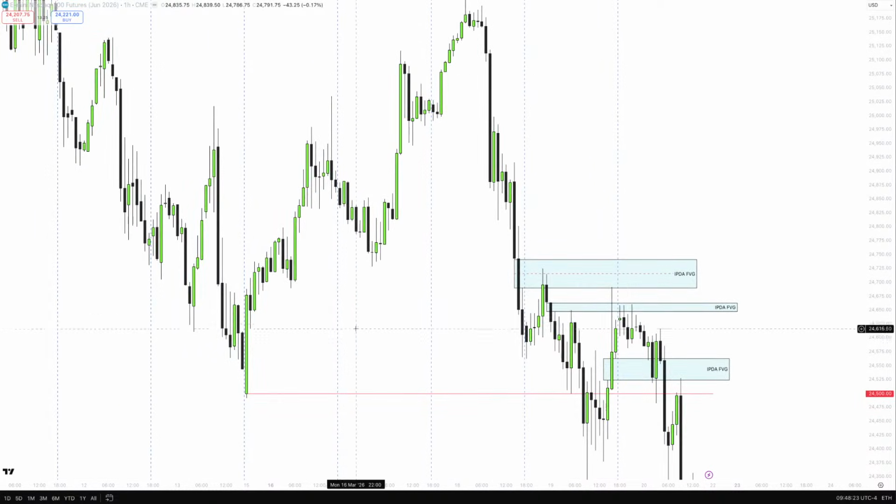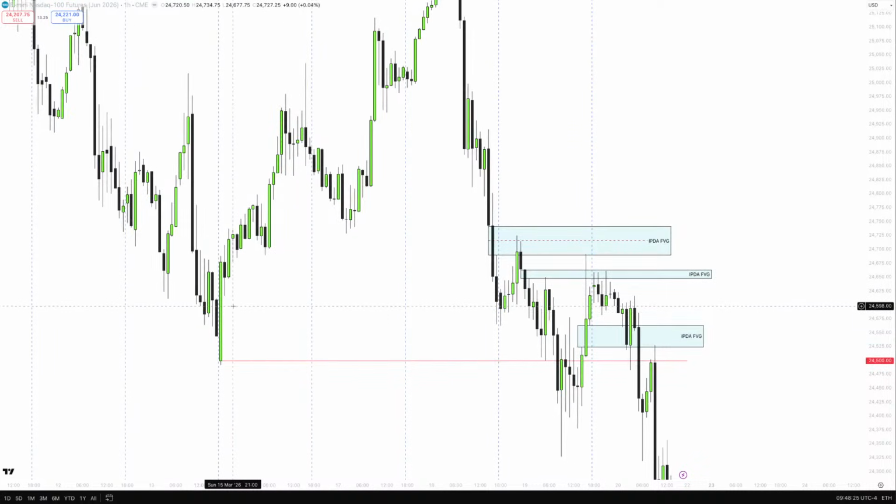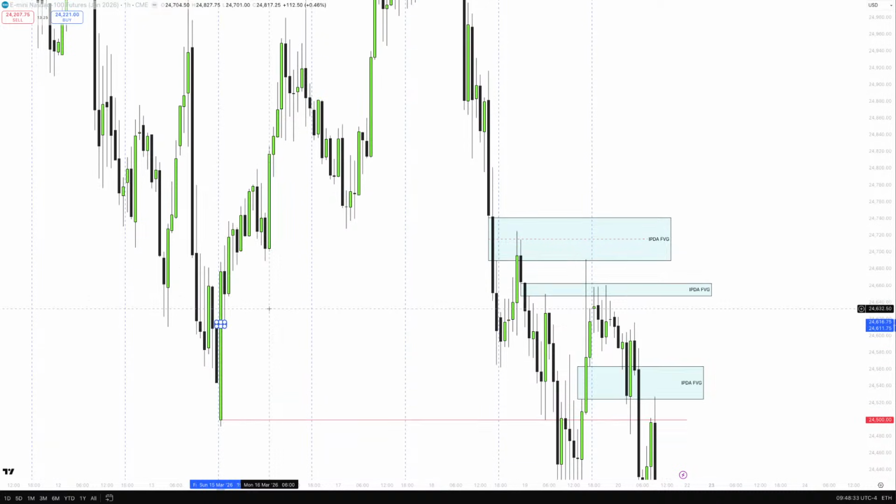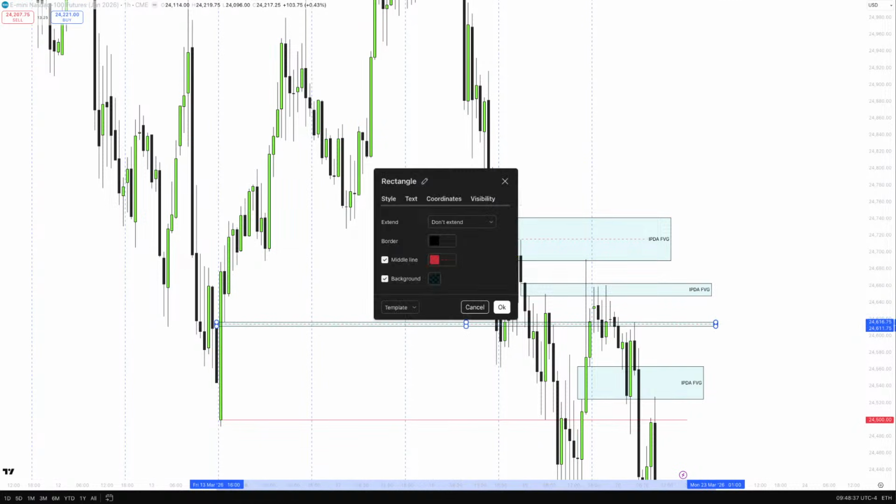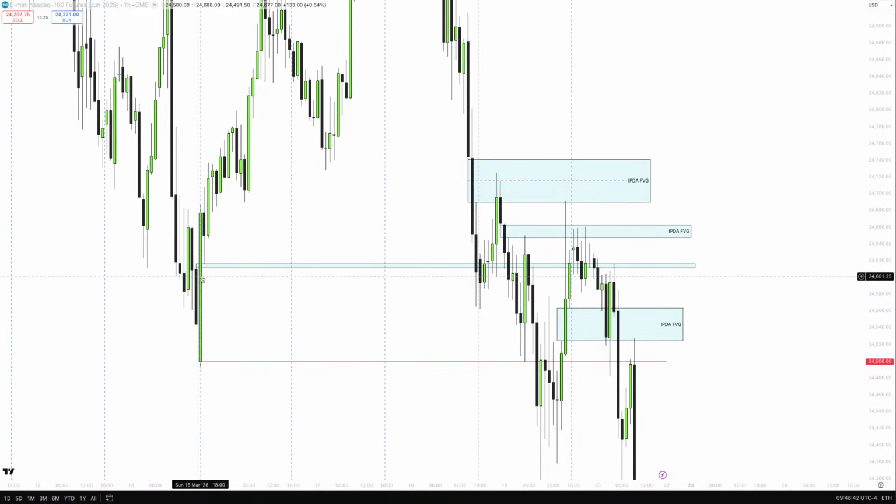So another example I know would be this little FVG. This is also an IPTA FVG. As you can see here, this is 6 p.m. and we had beautiful resistance to the tick right here.